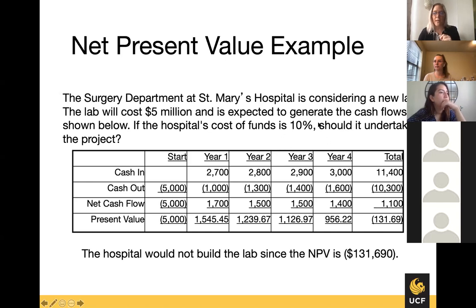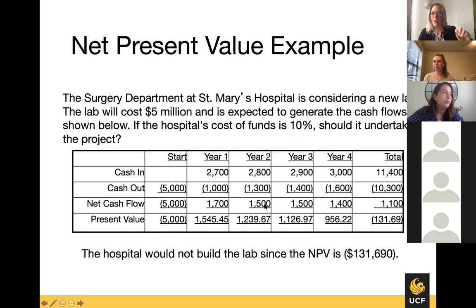So we've got a 10% discount rate that is being compounded annually, but for this 1,700, you only discount one time period to get back to the future value. This 1,500, you discount back 2 time periods.